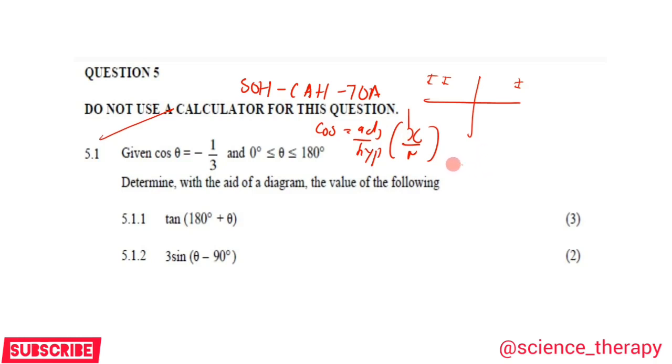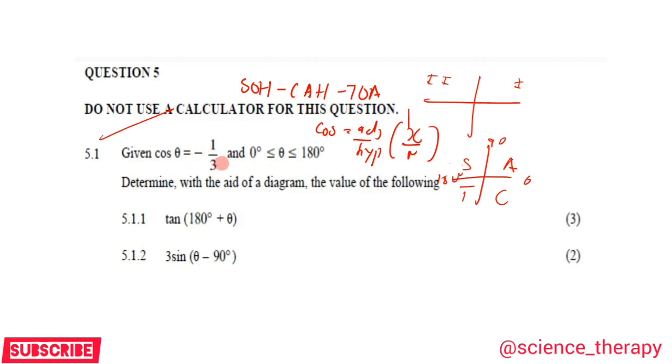Another way is that you can consider your CAST diagram, right? Using your CAST, if you are given the option of the first and the second quadrant, and you are given cos here, you ask yourself, where is cos negative? Is it in the first quadrant or in the second quadrant?